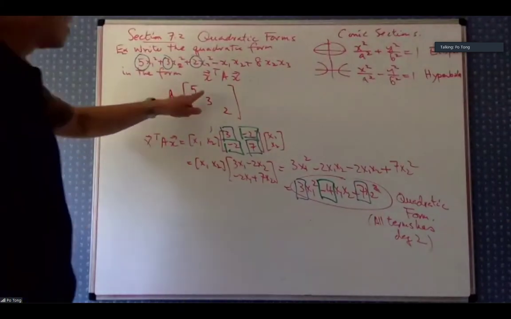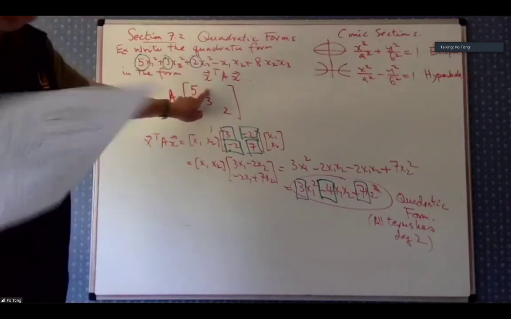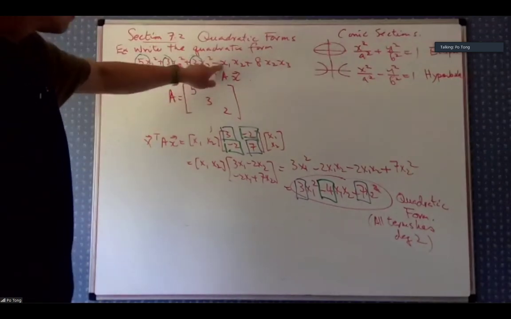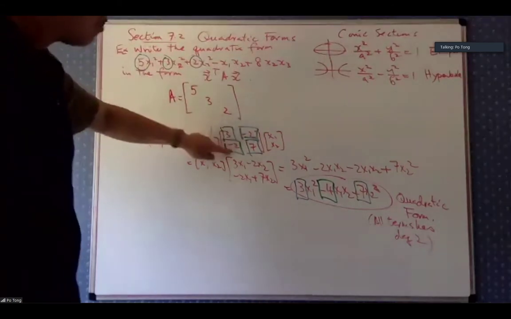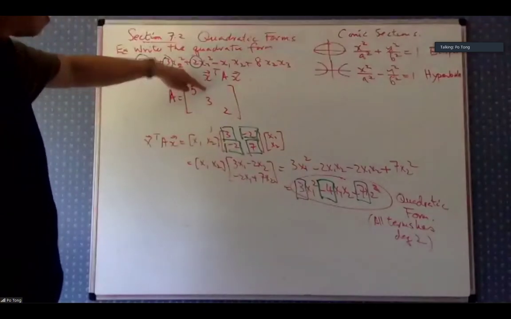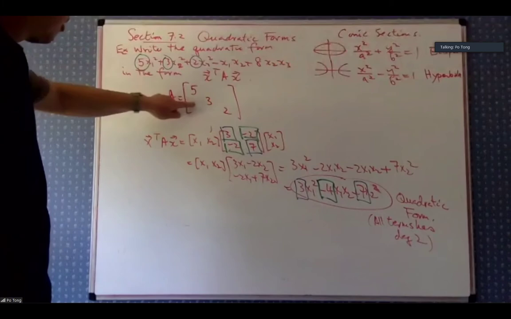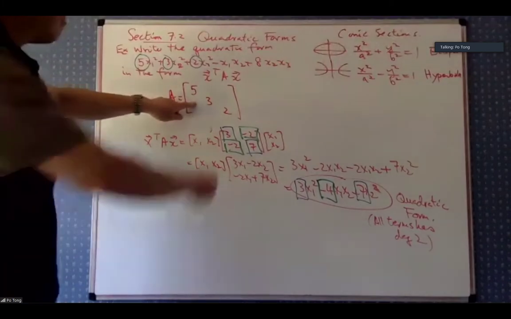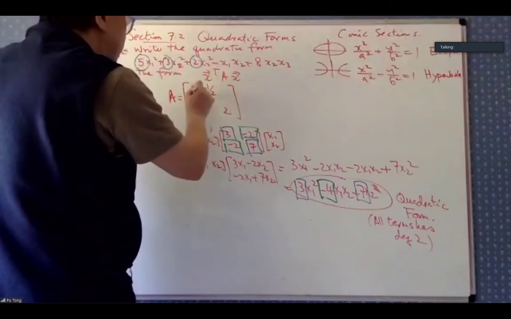Now this term here is going to come from the negative x1 x2 term. Just like here, negative 2, I get negative 4. This term here is first row, second column, and this is second row, first column. So I take the coefficient, which is negative 1, and divide by 2.